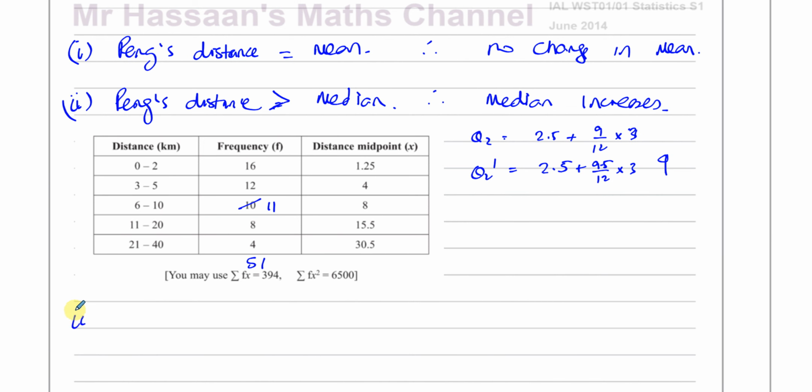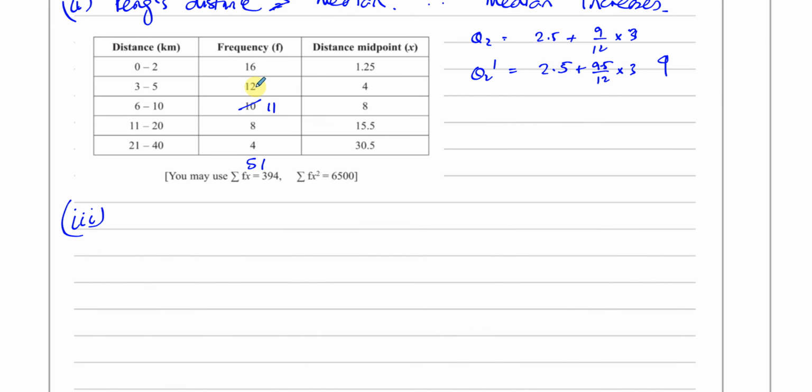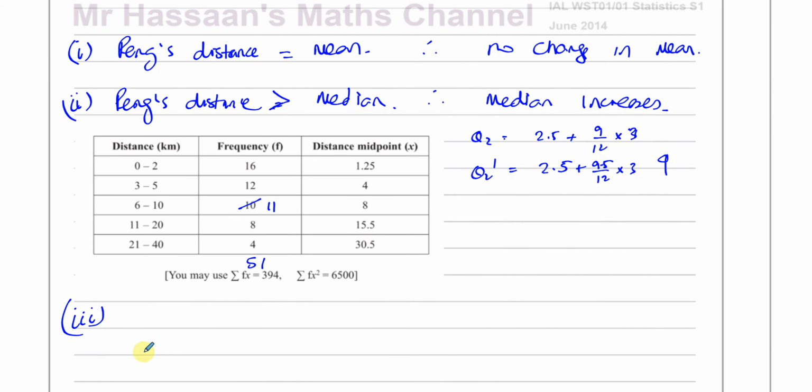And part 3 says what happens to the standard deviation. Now, the standard deviation, as I mentioned before, originates from the sum of each entry minus the mean, squared, over the number of entries. So basically you're taking the midpoint minus the mean, and squaring it.